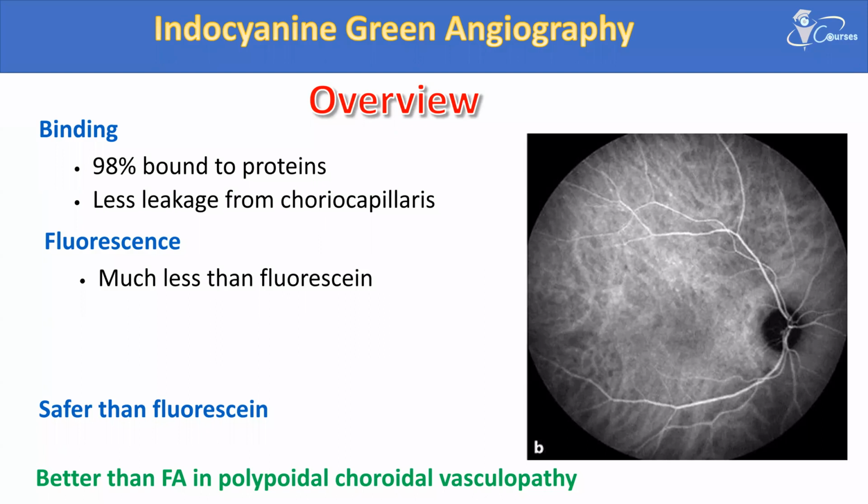It shouldn't be given to patients who have iodine allergy, or toxicity in the retina, or renal impairment because it is renally excreted. Also, it can cause anaphylactic shock. Some patients will develop a severe hypersensitivity reaction from the fluorescein. So it is not very safe, and its use in ophthalmology is becoming more limited.